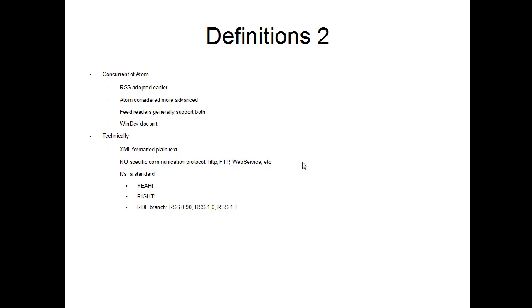And then we have the RSS 2.x branch, in which we have the RSS 0.91, 0.92 and 2.0.1. If that does make sense to you, then you're a happy guy. It does not make any sense to me.